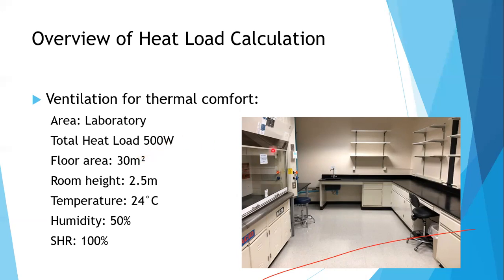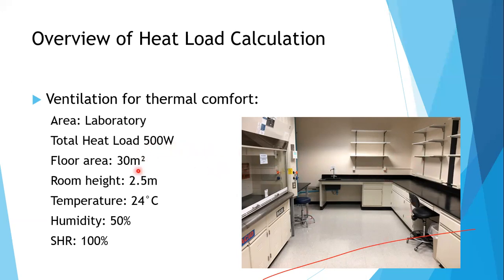So again, for example, this is a laboratory. The total heat load for the laboratory is 500 watts. We did not do an actual heat load calculation, but we assume that this room is generating 500 watts.